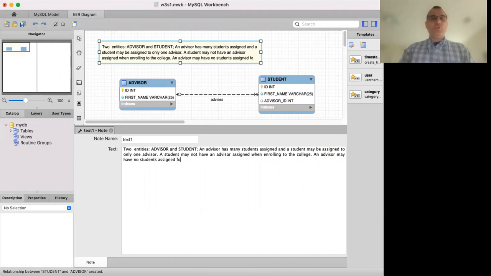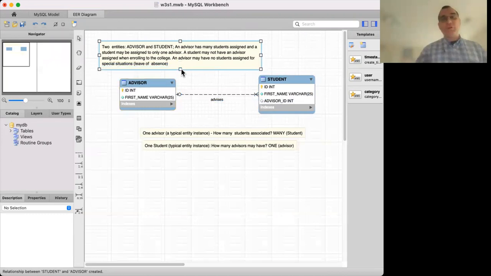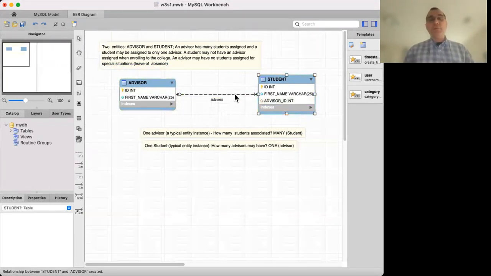assigned for special situations, and I'll put here leave of absence, for instance, then this entire diagram needs to be refined, because now I know that the student may not be there.